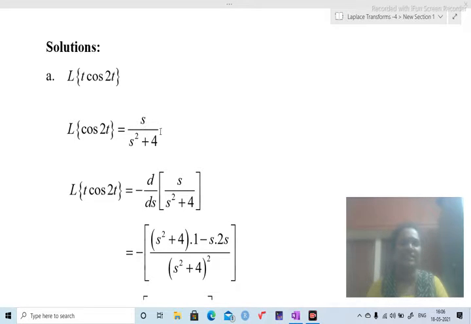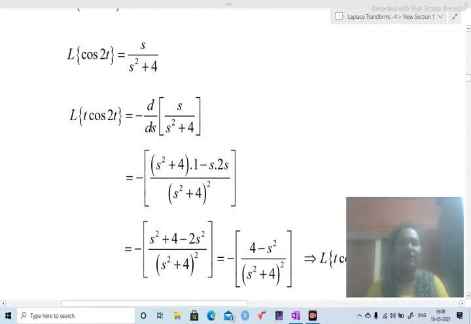For this value I am going to use the u by v formula, that is denominator whole square, denominator into differentiation of numerator, that is differentiation of s is 1, minus numerator into differentiation of denominator.